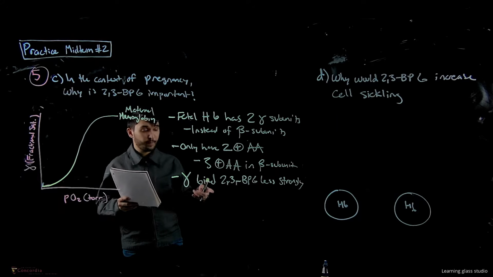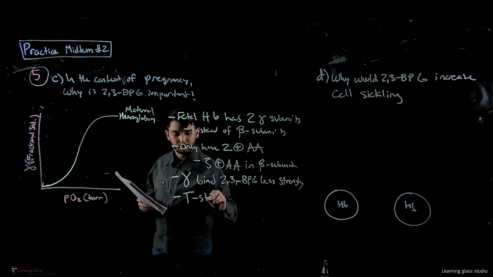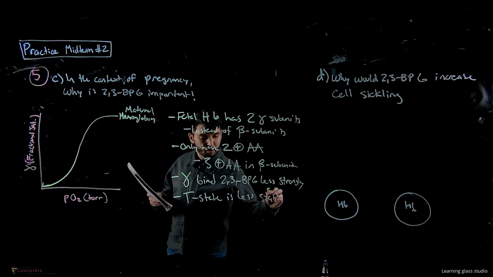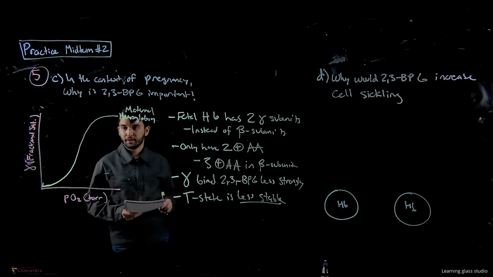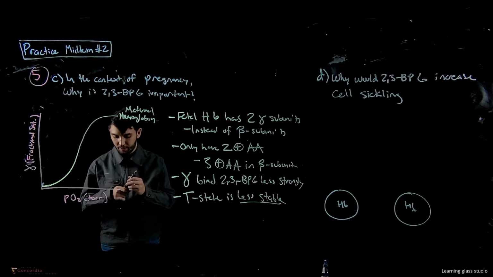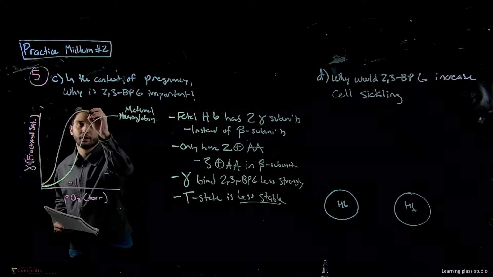If it's binding less strongly, that means the T state is less stable. So if the T state is less stable, what does this mean? It means that the fetal hemoglobin curve looks different than the maternal hemoglobin curve. It's actually above the maternal.